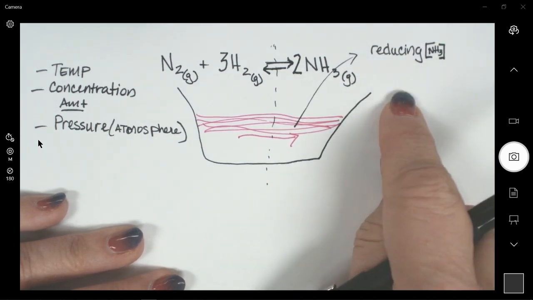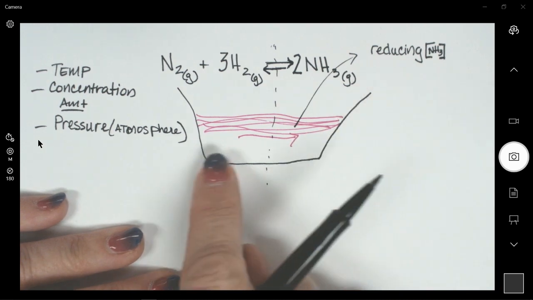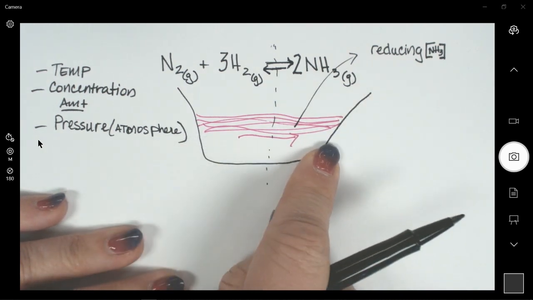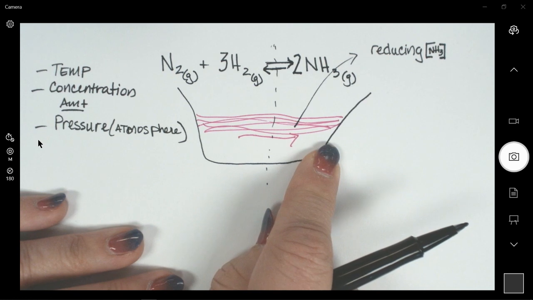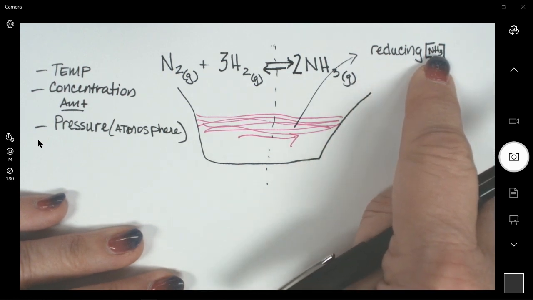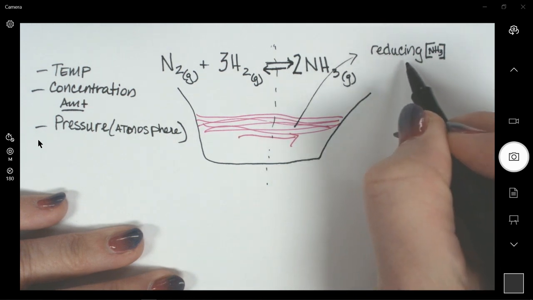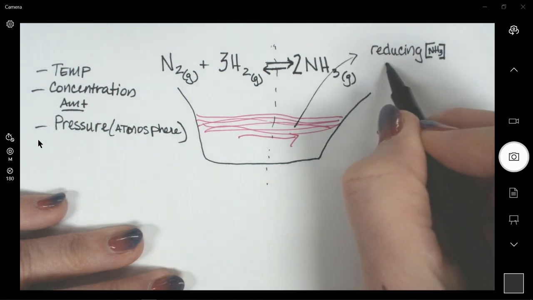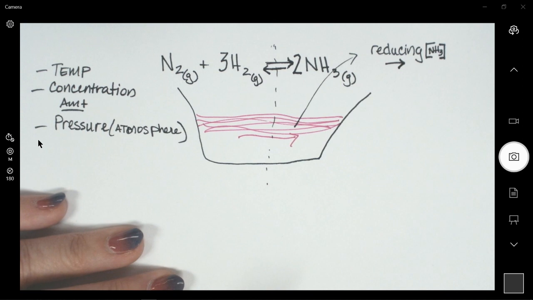Reducing the concentration of NH3 would cause the ketchup to flow to fill that in. Does that make sense? So reducing NH3 would cause an equilibrium shift to the right. I'm just going to draw the arrow. It would cause an equilibrium shift to the right. Does that make sense? Yeah?